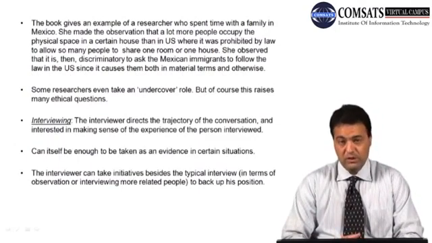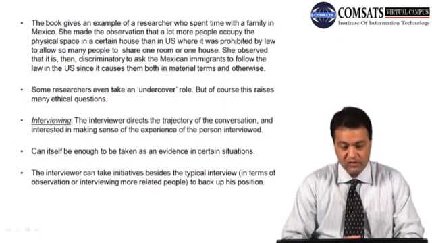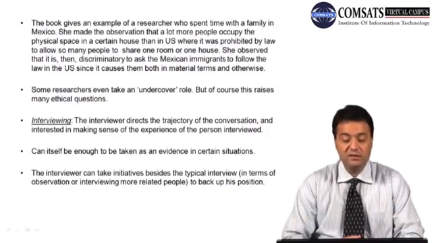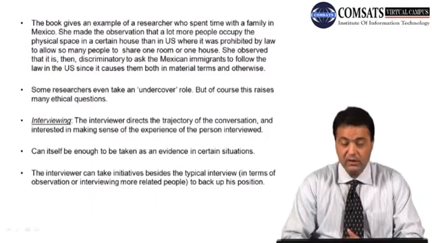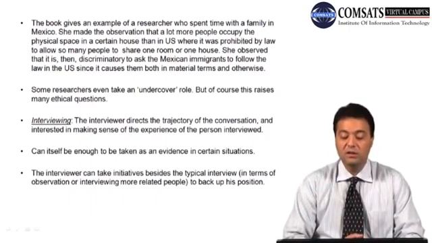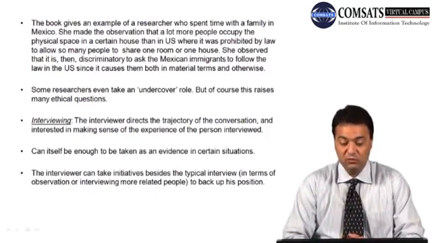The book, the textbook, gives an example of a researcher who spent time with a family in Mexico. She made the observation that a lot more people occupy the physical space in a certain house than in the United States, where it was prohibited by law to allow so many people to share one room or one house. She observed that it is then discriminatory, ये उसकी observation थी, discriminatory to ask the Mexican immigrants to follow the law in the US since it causes them harm both in material terms and otherwise.